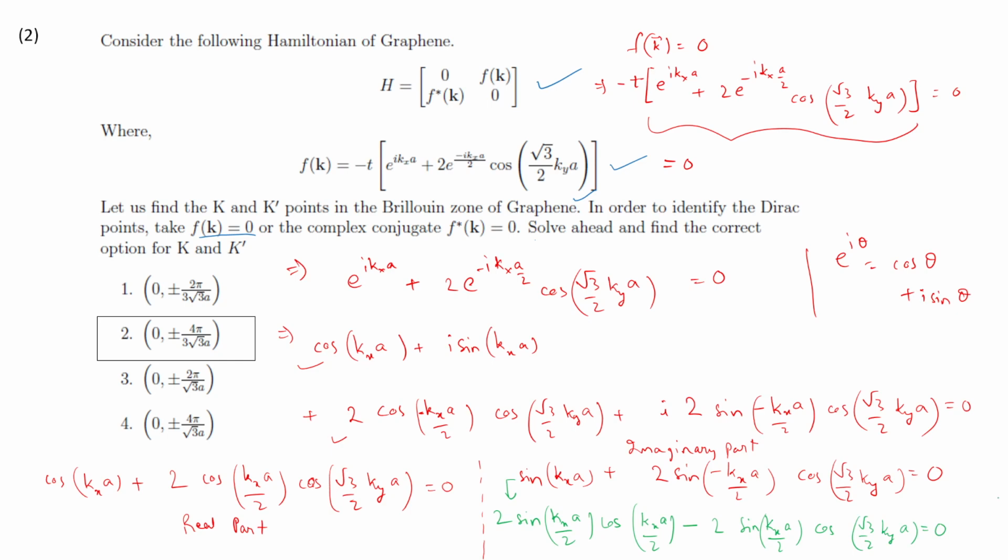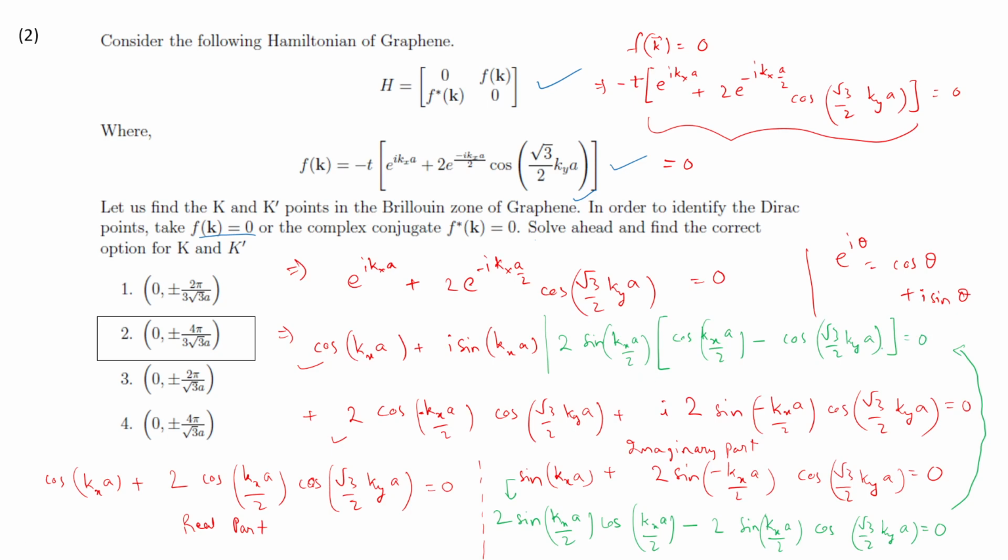If you simplify this, what you get is 2 sin(kxa/2) times [cos(kxa/2) minus cos(√3/2 kya)]. This has to be equal to 0.